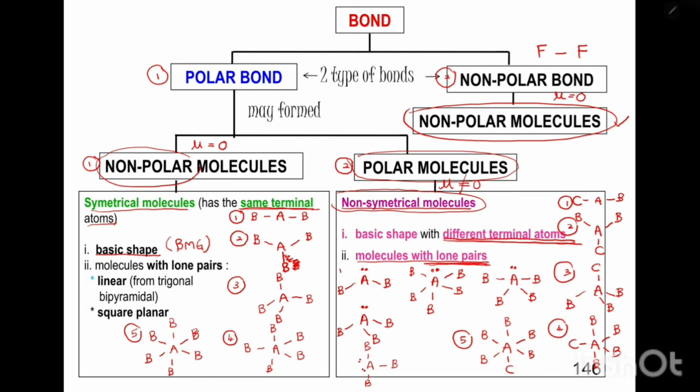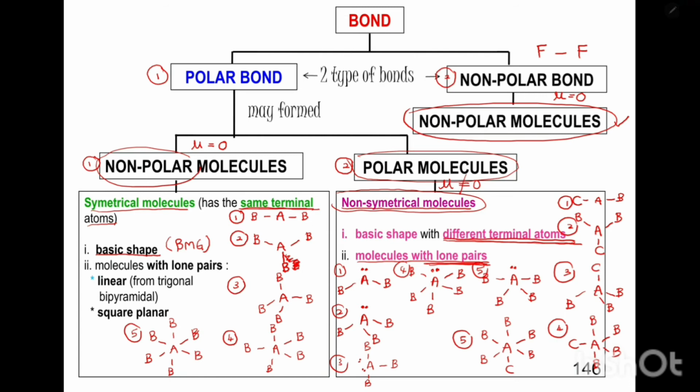These are 5 molecular shapes with lone pairs that are classified as non-symmetrical molecule and polar molecule.